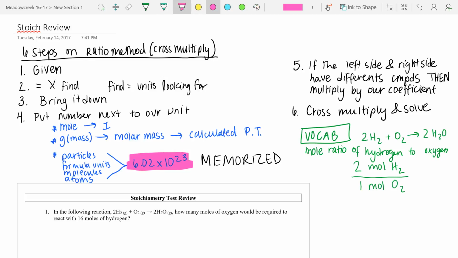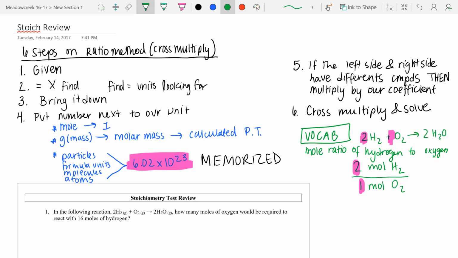And now where I got these numbers comes from my coefficient here.